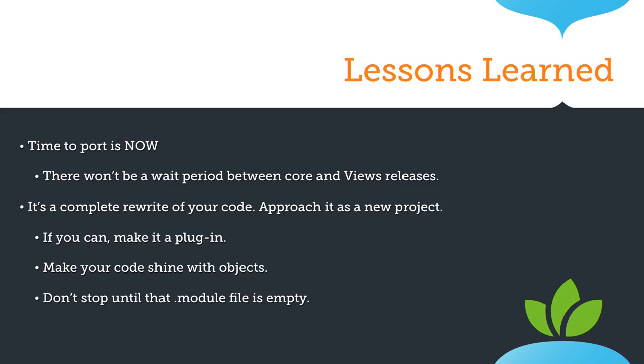Make your code shine with objects. You can still write functional code even inside classes, but if you follow the object-oriented approach, it's way better. So think of the data that you're manipulating. Can I make it an object?